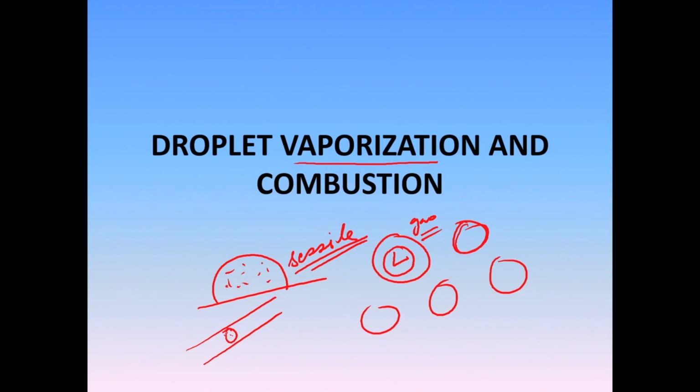So, there are many applications of droplet vaporization, droplet deformation, and droplet atomization, and it covers regions from healthcare all the way up to combustion, that means all the way up to power generation. So, it affects every part of our life, so to say.